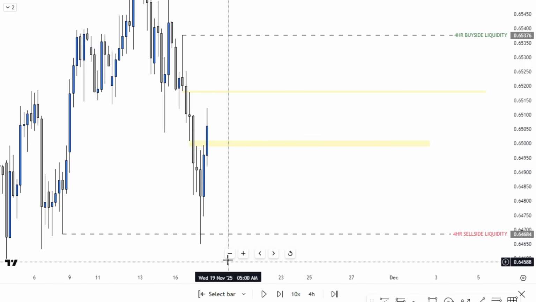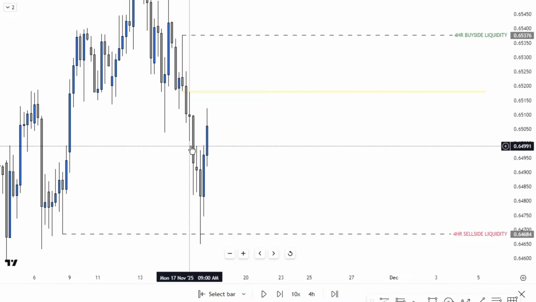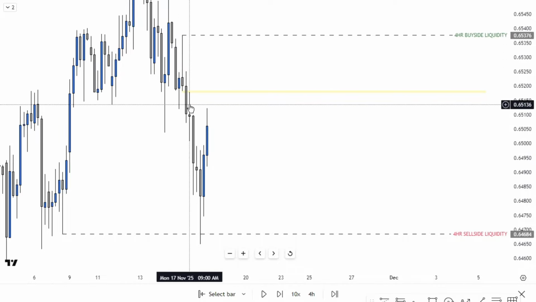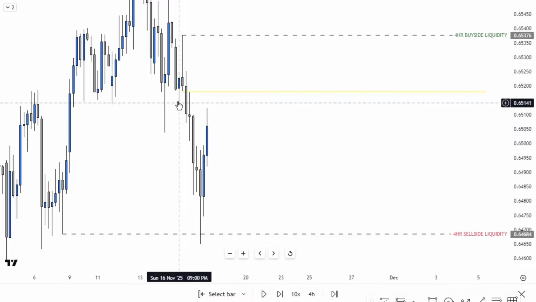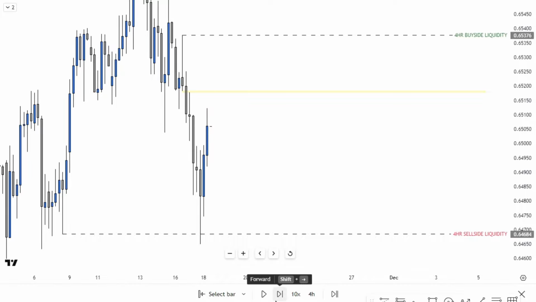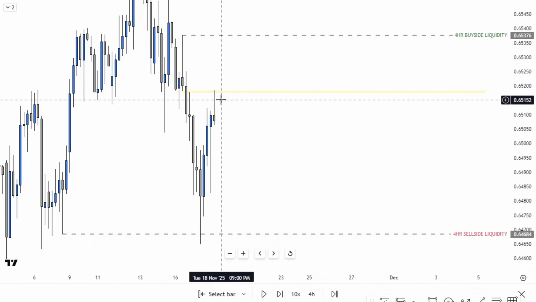Okay, so price completely ignores this fair value gap, and that now is out of the equation. So the next area where price is most likely to head and reverse off is this next 4-hour fair value gap. Let's see how price plays off of this zone. And just like that, we have a nice bearish reversal candle from off this zone.